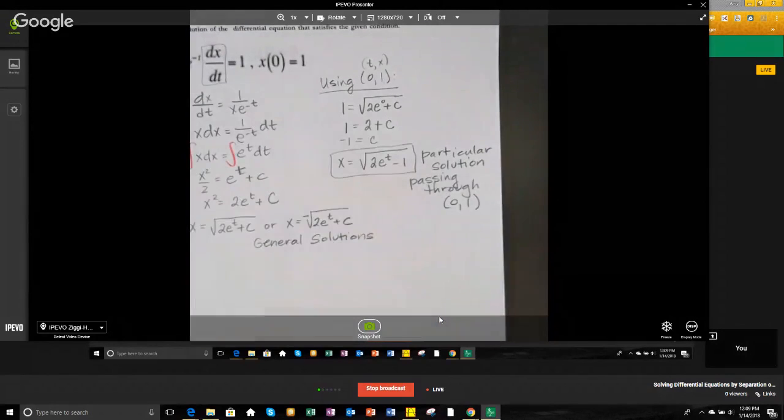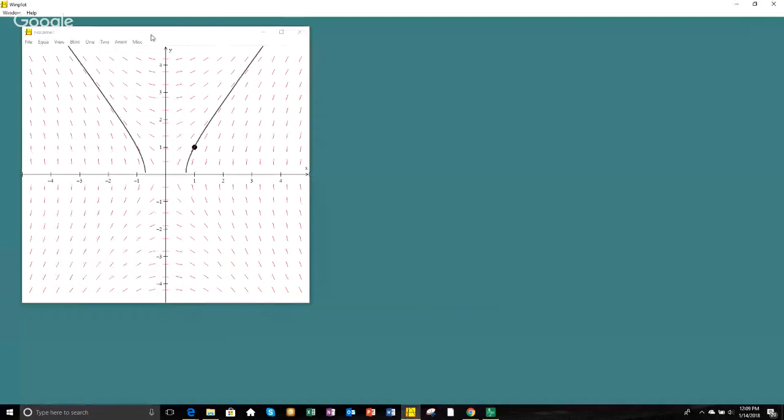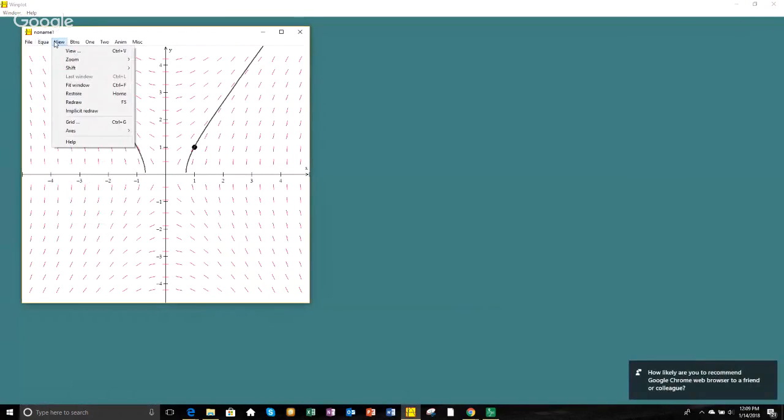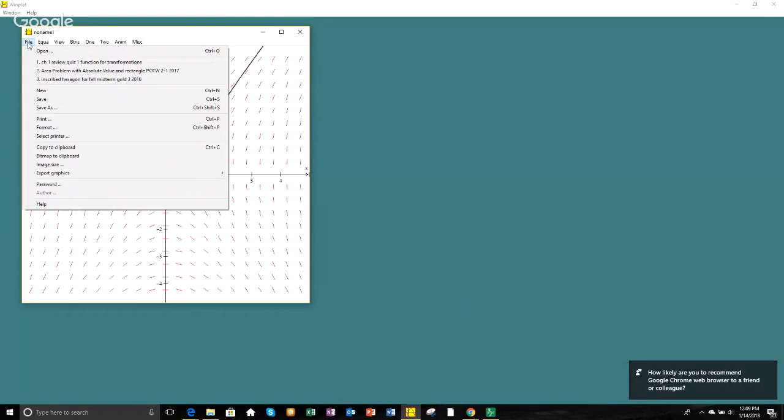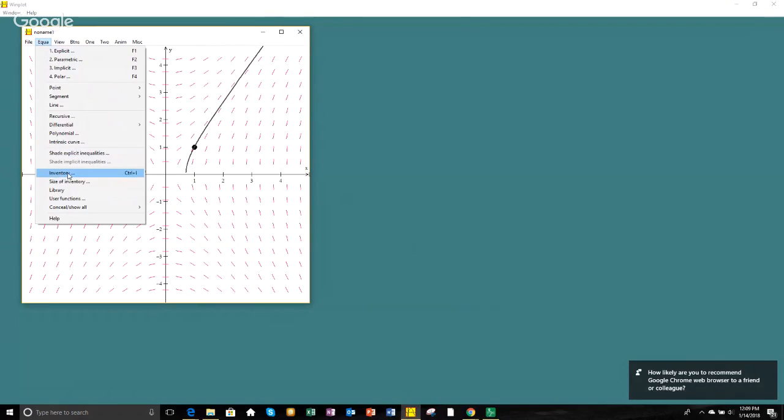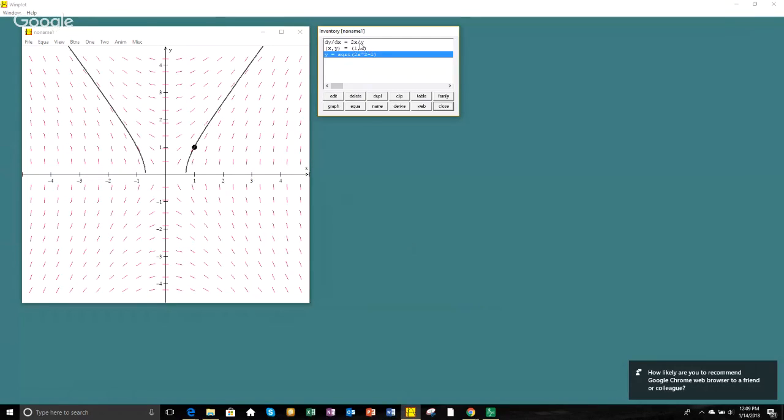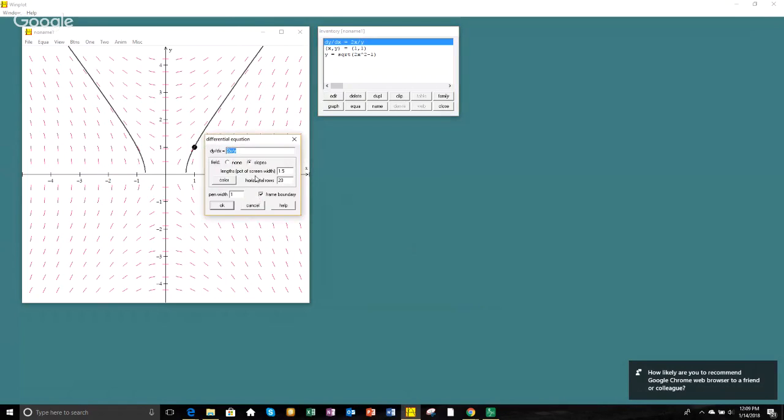All right, now I'm going to show you how to do this on my program. I want to view the inventory. See here, where's inventory? There it is. I need the inventory. And I'm going to switch up this differential equation, editing it.